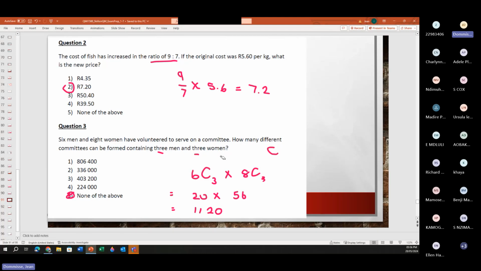Then we have a permutation, because the headmaster needs to be in one of the positions. Whereas with a combination, we don't really care who is in the committee. Everybody just has a chance of getting in the committee. That's the difference between combination and permutation.